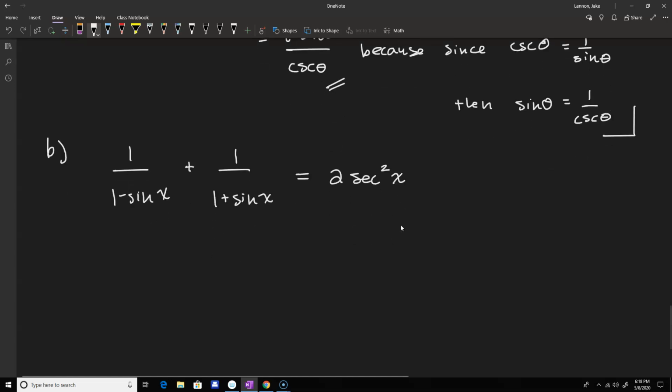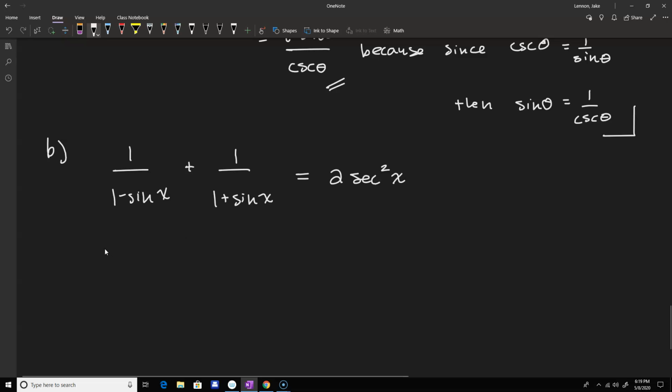Again, the right-hand side is pretty simplified. You could maybe turn secant squared x into 1 over cosine squared x, but it's not clear that that will help us. But if we look at the left-hand side, although it looks more complicated, we know that we can get a common denominator. That's a common trick to put fractions together when you have more than one.